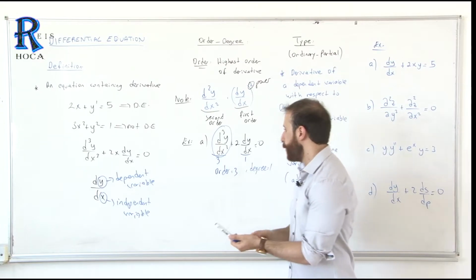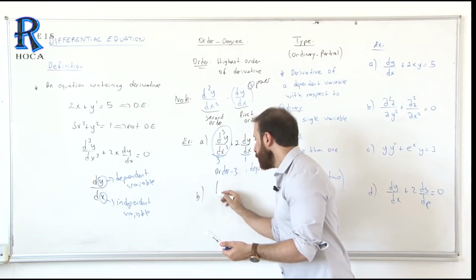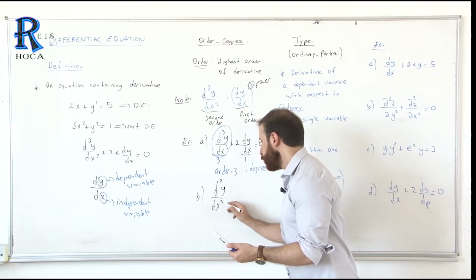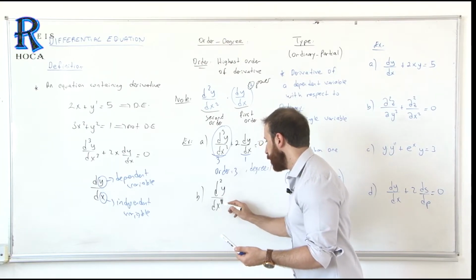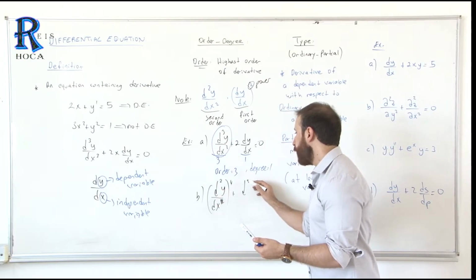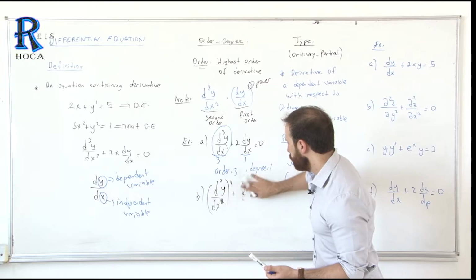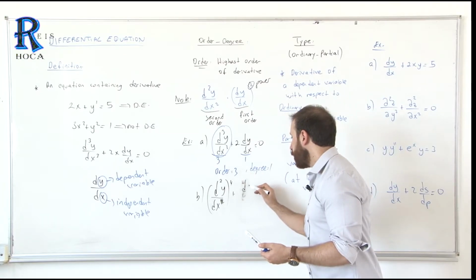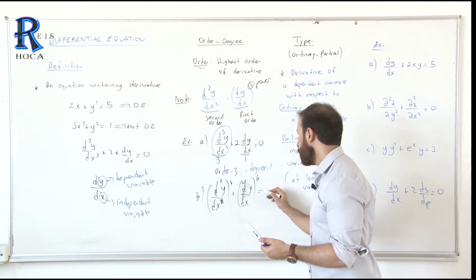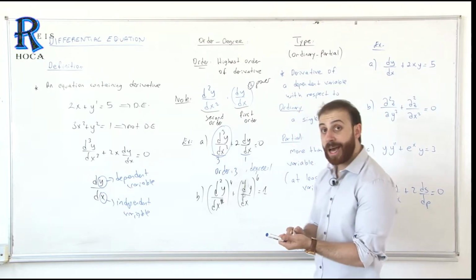The other example, let's see. B: d squared y over dx squared, to the power of 4, plus dy over dx to the power of 6 equals 1. Be careful.